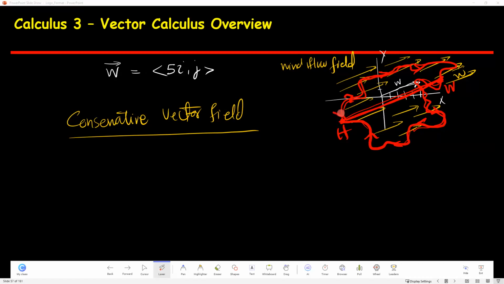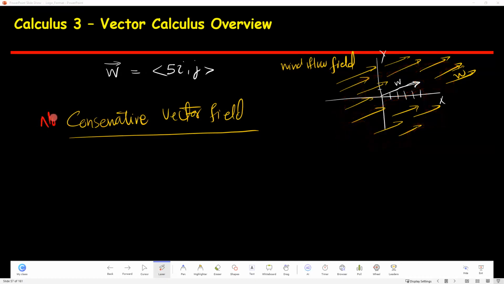So if this work done depends on the path, then this field is non-conservative. But if it is independent of the path, whichever way you go, you have to do the same amount of work, then you call it a conservative field, conservative path. Okay, that's the phenomenon.